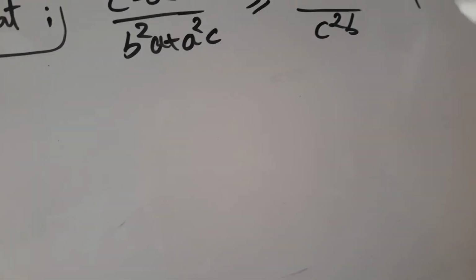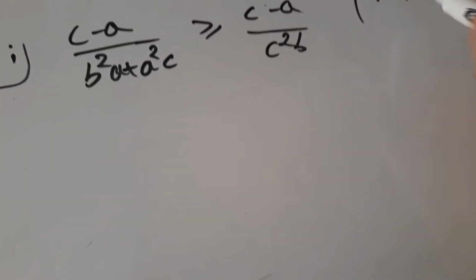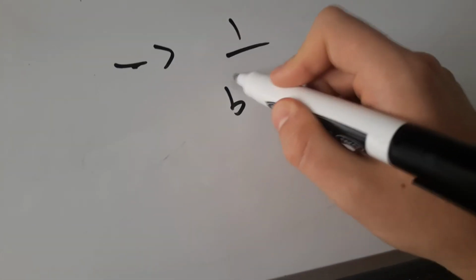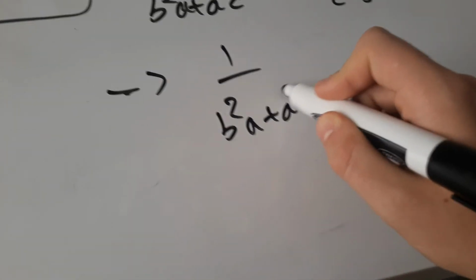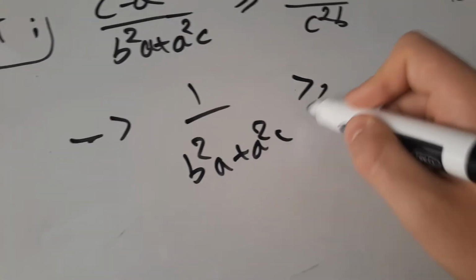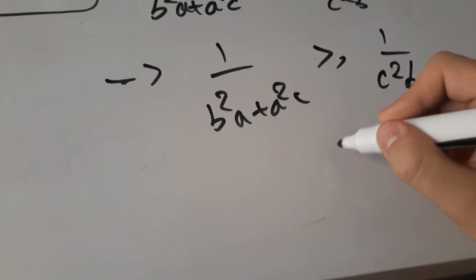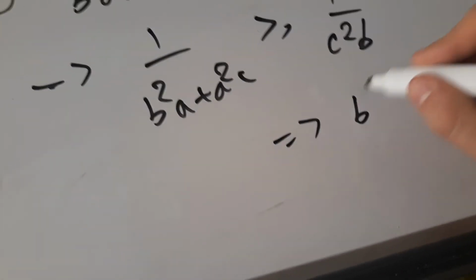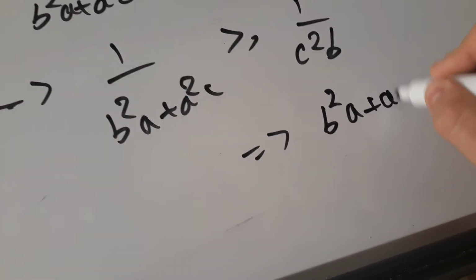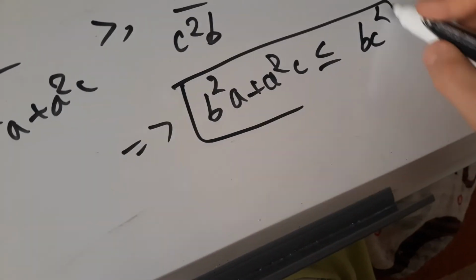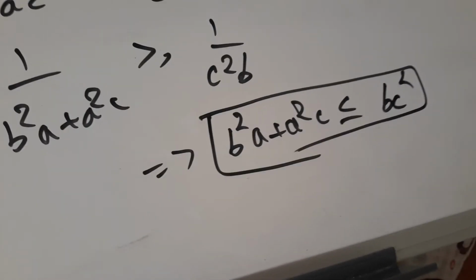Now we can multiply by 1 over (c minus a), such that 1 over (b squared a plus a squared c) will be greater than or equal to 1 over c squared b. Now let's see. It follows that b squared a plus a squared c will be less than or equal to bc squared. If this is true, our problem is solved.